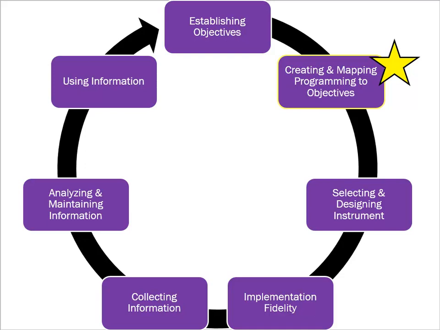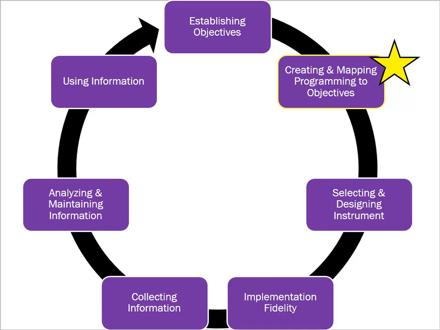On the other hand, you may already have existing programming in place. In this case, mapping your objectives to your current program has many benefits. It can help you identify gaps or areas in which you do not have programming in place. It can also help you gauge the amount of coverage that each objective has within your programming.